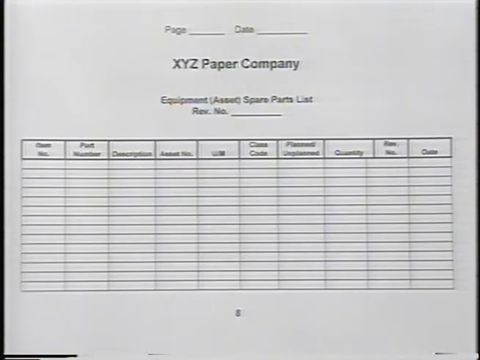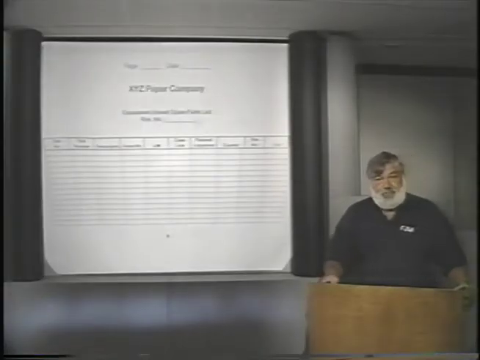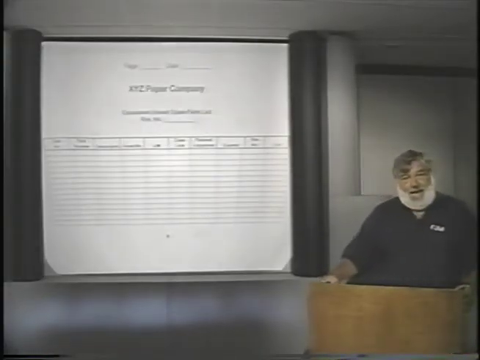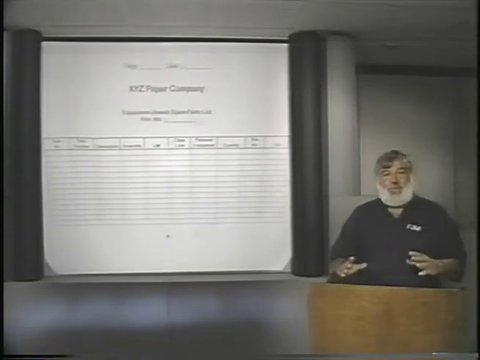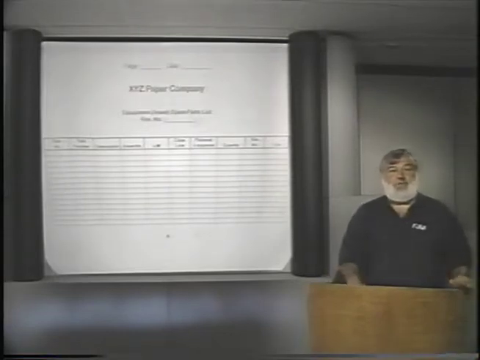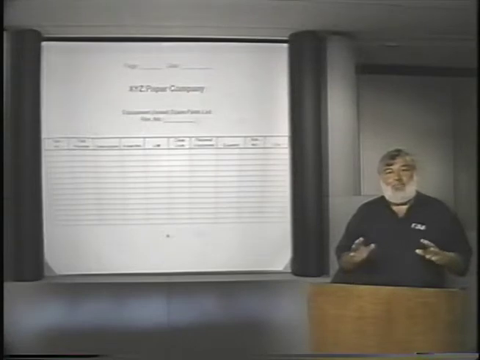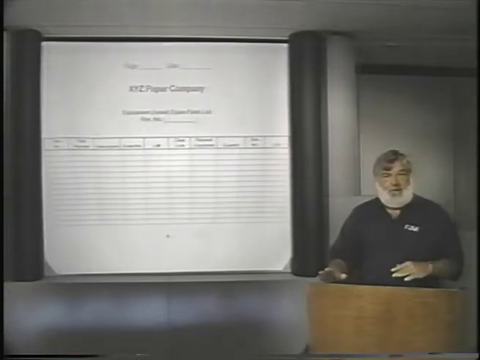Below, the XYZ paper company, which is where you would put your name and logo as an example, you would have the same equipment number and its revision that came from the previous exhibit, page number 7. Now, the balance of the data pertains to the spare parts, and this is what would precipitate the generation of inventory records, purchasing records, and storeroom records.